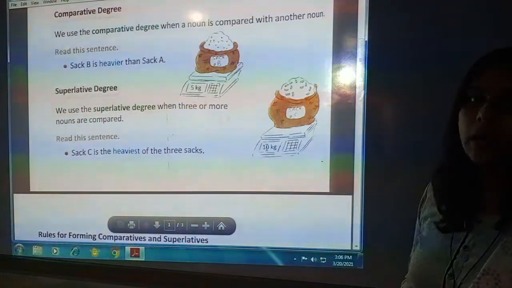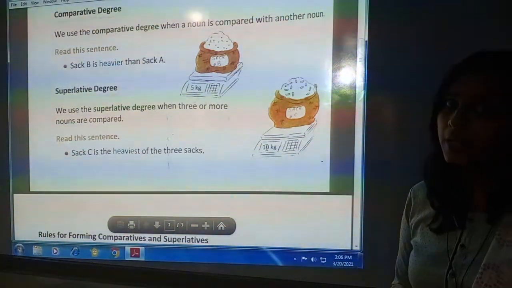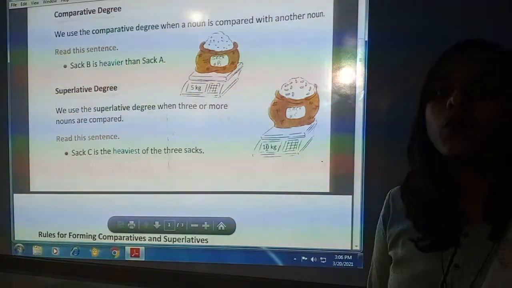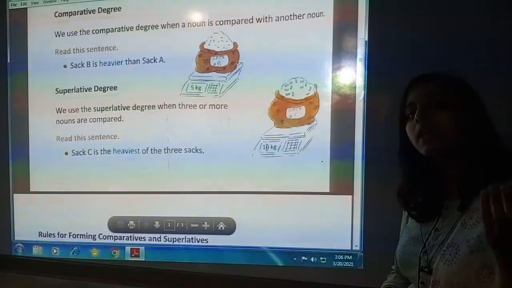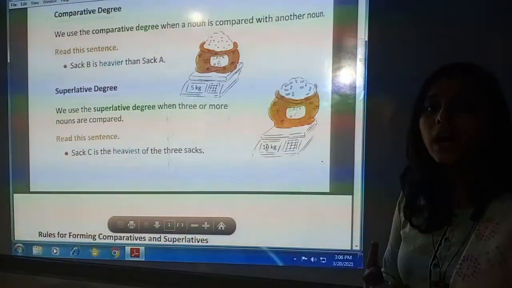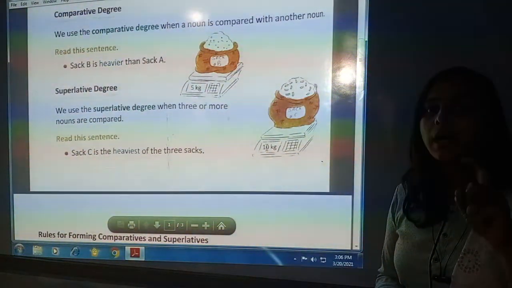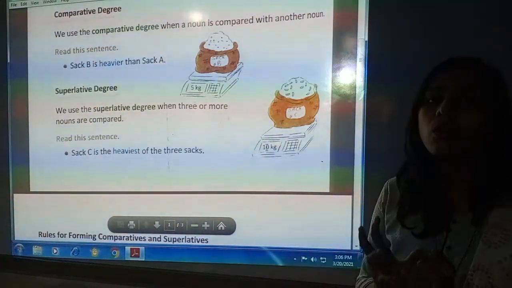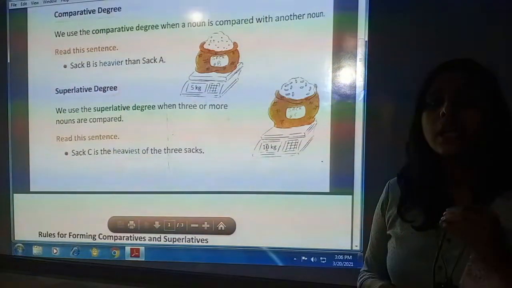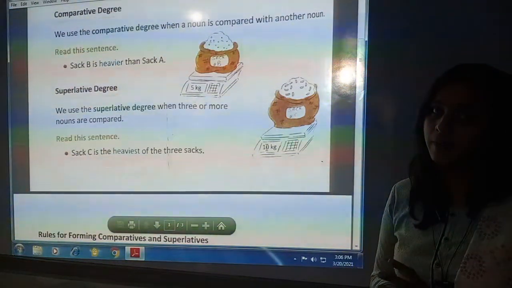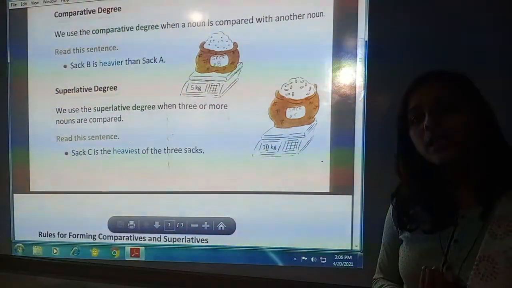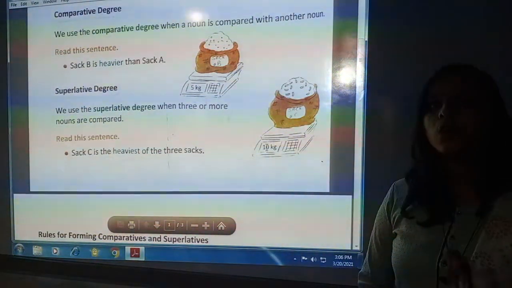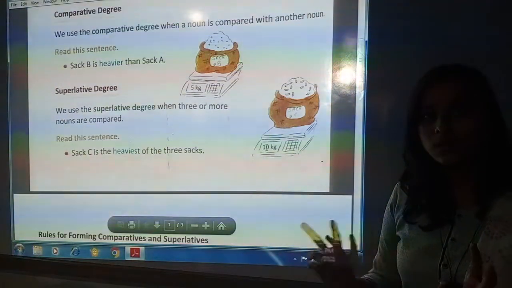So in this way the comparison is done, and by the comparison the quality can be described more clearly. We know that all these three sacks are heavy, but by the comparison we will get to know that sack C is the most heavy, or we can say the heaviest sack, and sack B is heavier than A, and A is heavy only, not heavier than the other two.